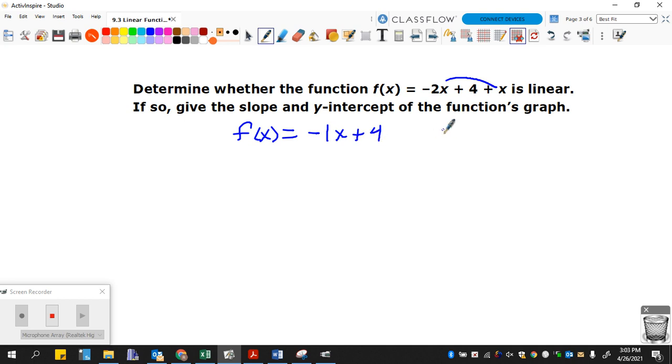In this case, my slope is equal to negative 1, and the y-intercept is equal to positive 4.